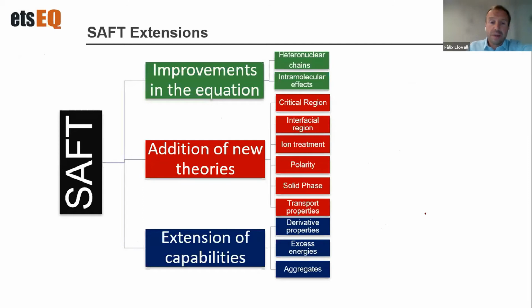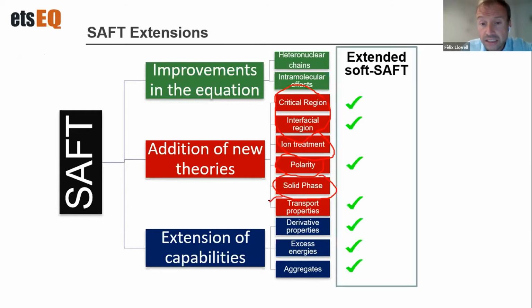One of the advantages of using a SAFT framework is that the equation can be improved in many different manners. This molecular framework allows the addition of many new theories to consider, for instance, the critical region of fluids, the interfacial region of fluids, to specifically treat ionic electrostatic interactions or polar effects, or to include the solid phase and transport properties.